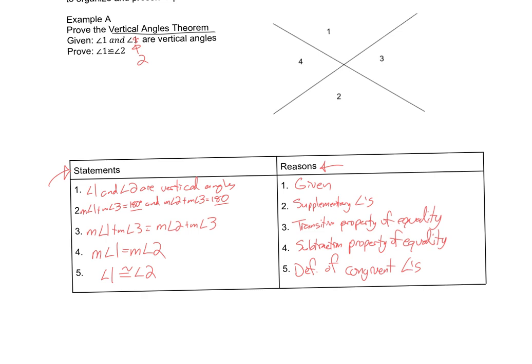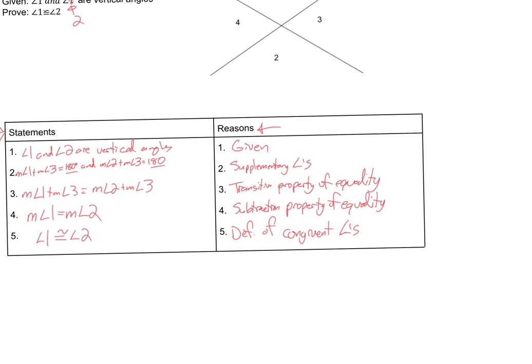Okay. Now, these properties of equality are our arithmetic properties. So things we did back in middle school, like a times b times c is the same as a times b times c. That's the commutative property of equality.